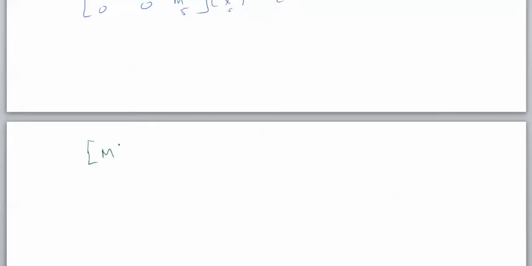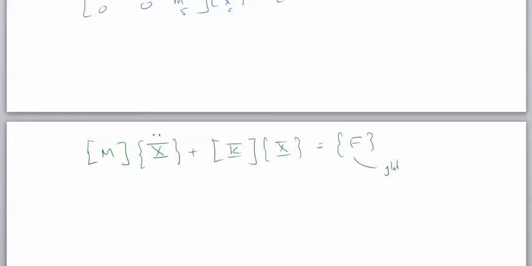A 3x3 mass matrix times the acceleration vector, plus the stiffness matrix times the displacement vector, equal to a global load vector. However, the structure of this K is different with the original label.